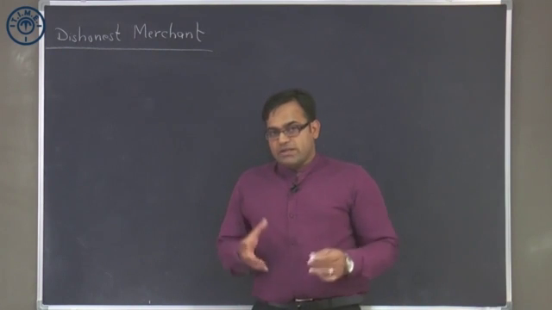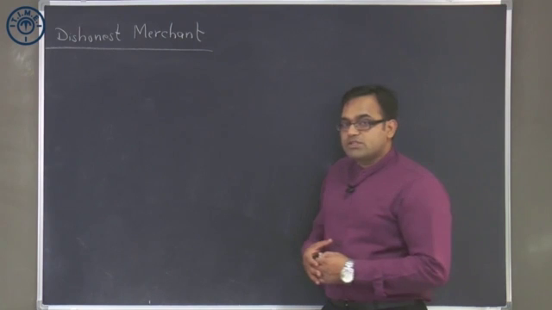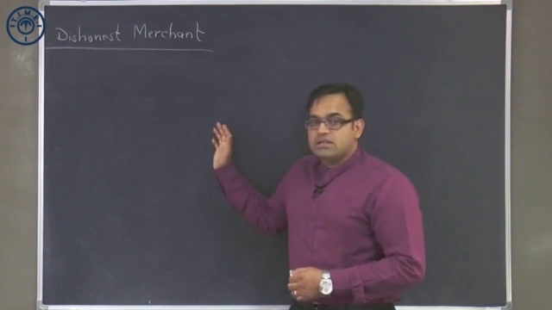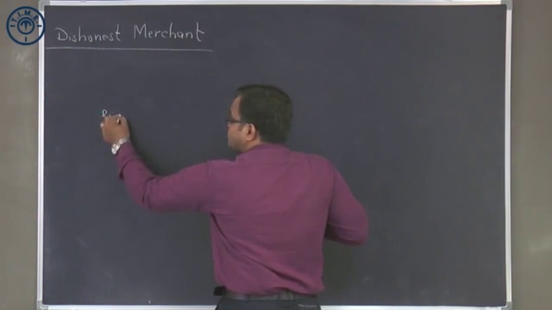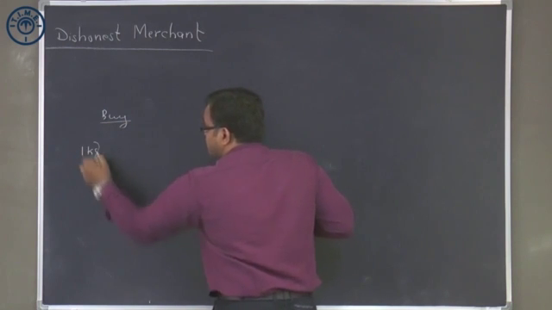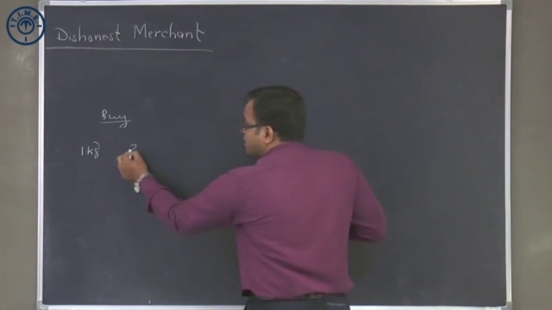Let's look at one more variation to this question of dishonest merchant. Let us say there is a merchant who is stealing on both sides, the CP, the buying as well as the selling. On the buy side, for every 1 kg that he buys, he is stealing another 200 gram.